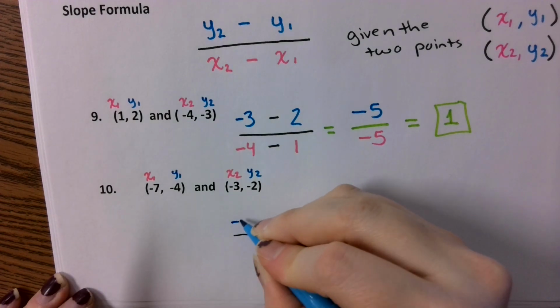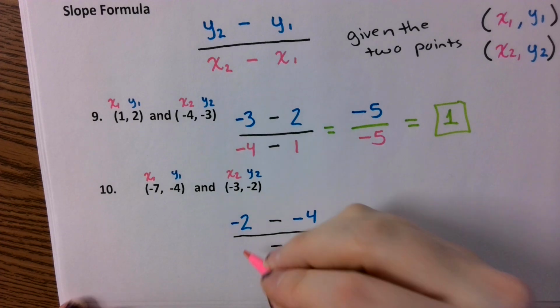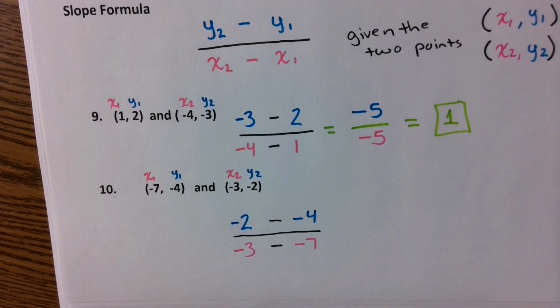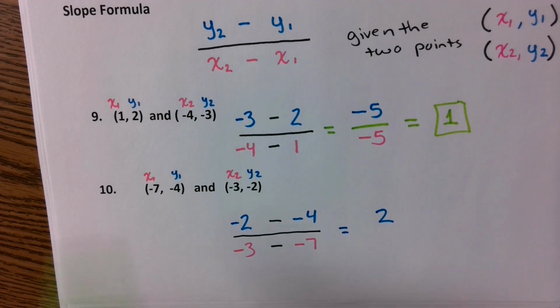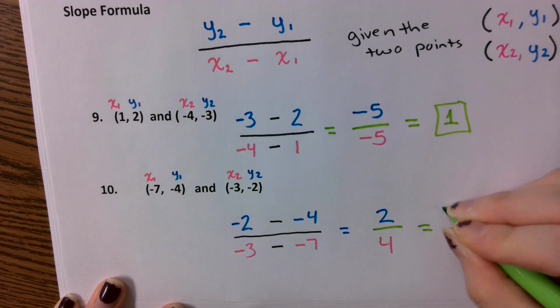So I'm going to do -2 minus -4. And then I'm going to do -3 minus -7. Okay? When I subtract those, I'm going to get a +2 for my numerator. I'm going to wind up getting a +4 for my denominator. And then when I simplify it, it simplifies to 1/2.